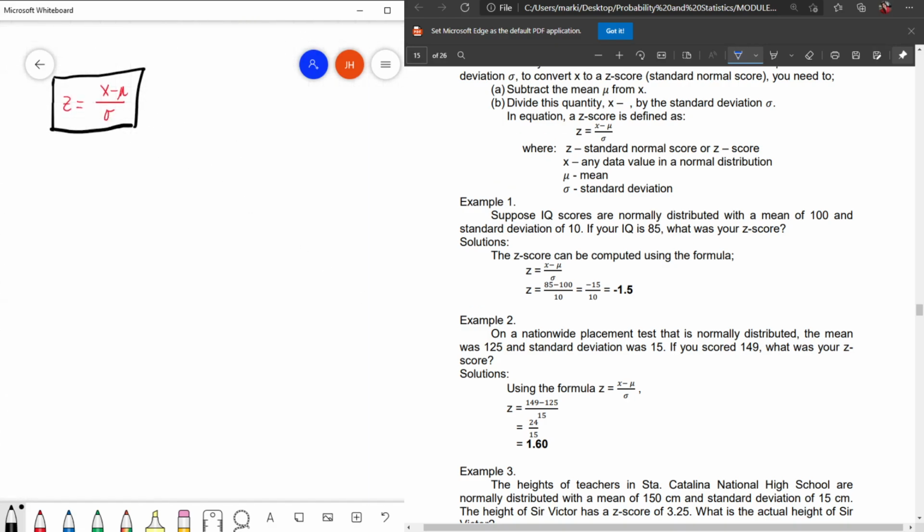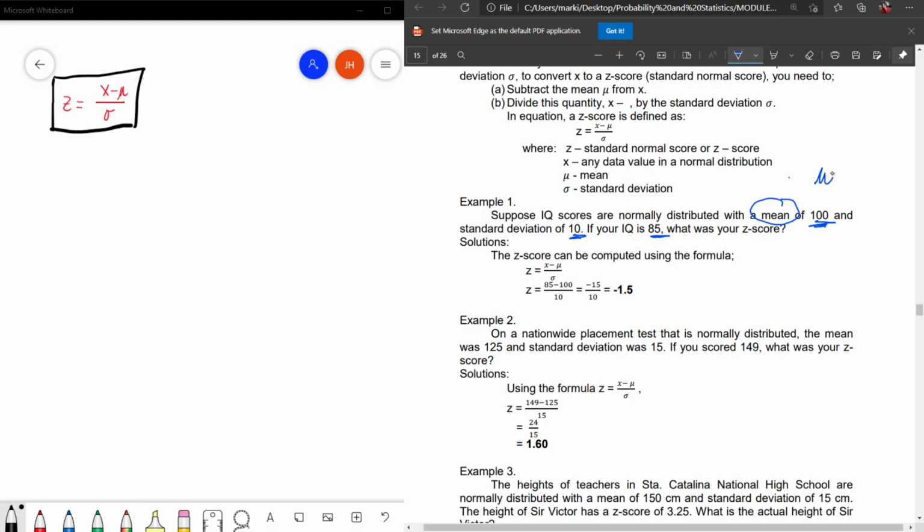So let's have example number 1. Suppose IQ scores are normally distributed with a mean of 100 and a standard deviation of 10. If your IQ is 85, what is your z-score? Let's have the given here. By reading, you already have the clue: normal with the mean, so your mean there is 100.